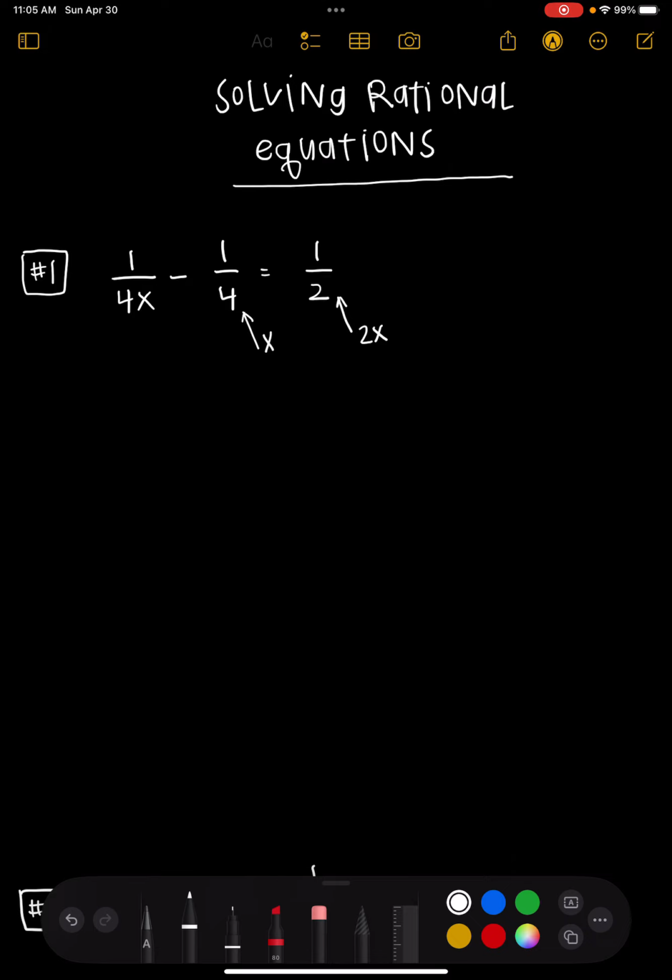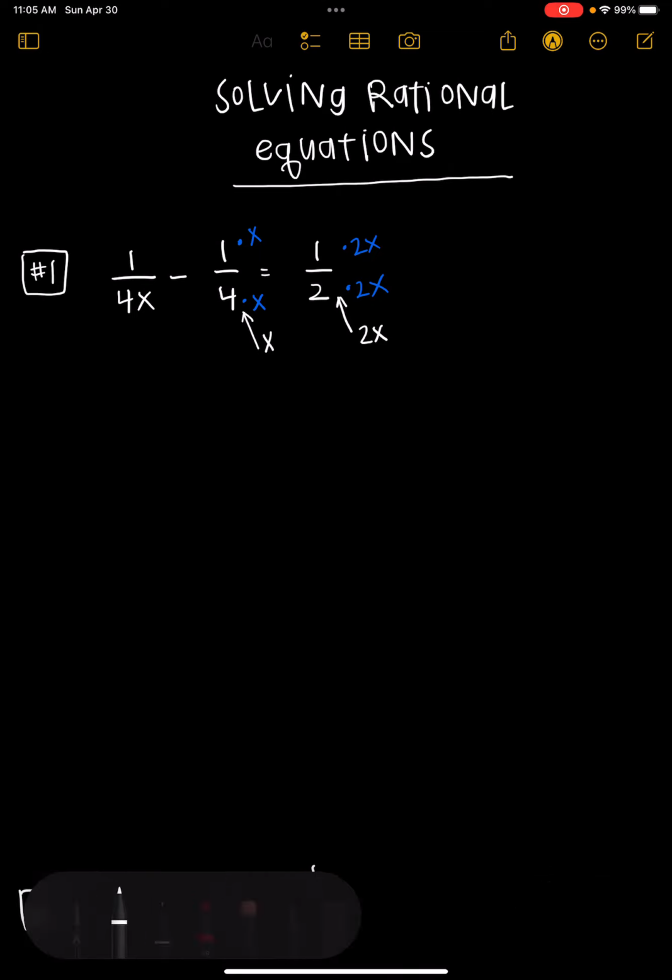But remember, in order to get them to be common, what we do to the top has to be the same as what we do to the bottom. And so if I'm going to multiply the bottom by x or by 2x, I also have to multiply the top. So I'm going to multiply this guy by x on top and on bottom, and then this guy by 2x on top and on bottom.